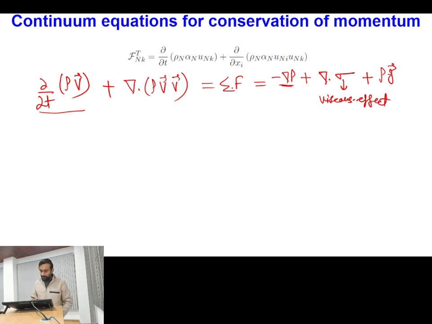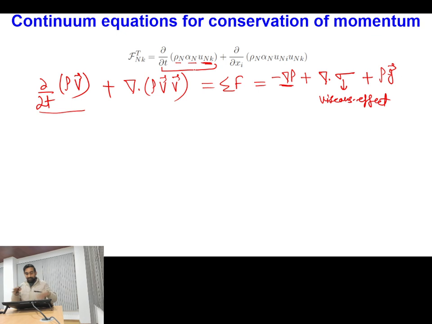For the multiphase flow problem, you can see with the del by del t term I am having rho n into alpha n into u n k. So this is rho into v vector. Rho n is the individual phase density, u n k is the velocity of the particular phase in the kth direction, and alpha n is nothing but the corresponding volume fraction.